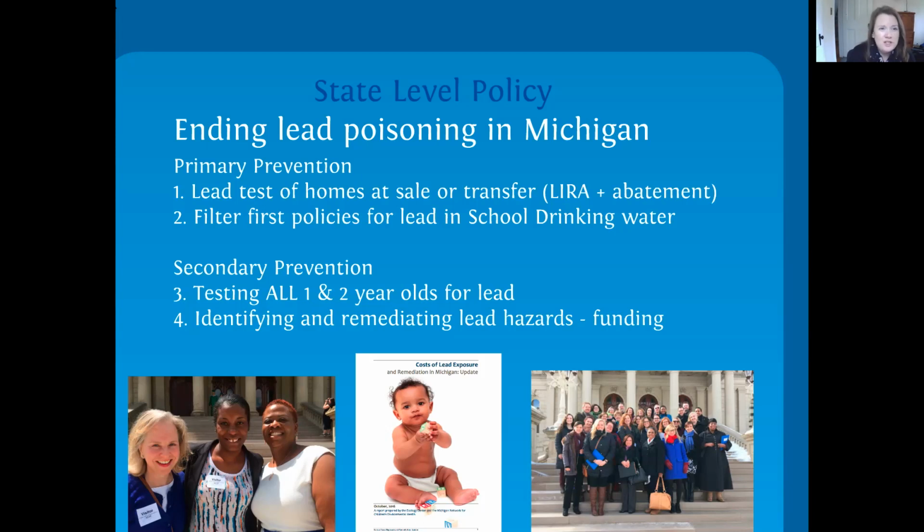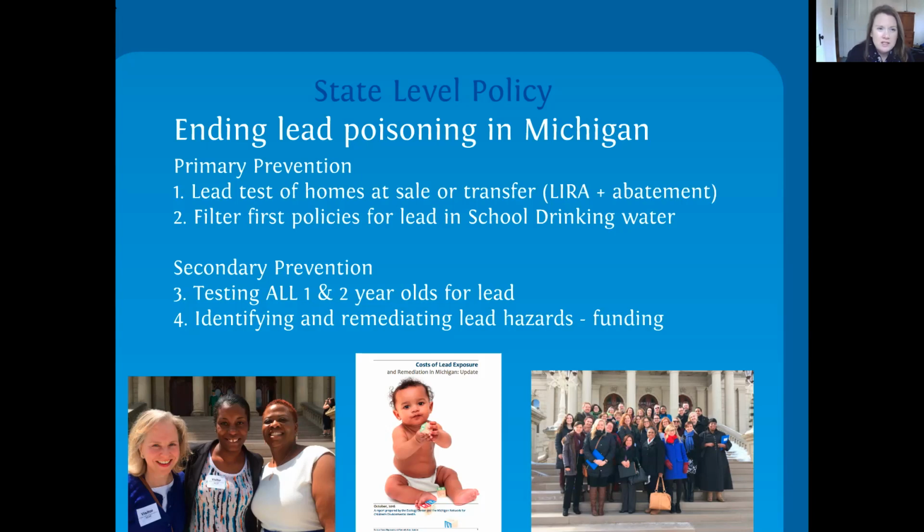Another primary prevention policy that we're pushing that actually has legs and is more likely to move in this legislative session in Michigan is the filter first policies for lead in school drinking water and registered licensed daycare centers in the state of Michigan.